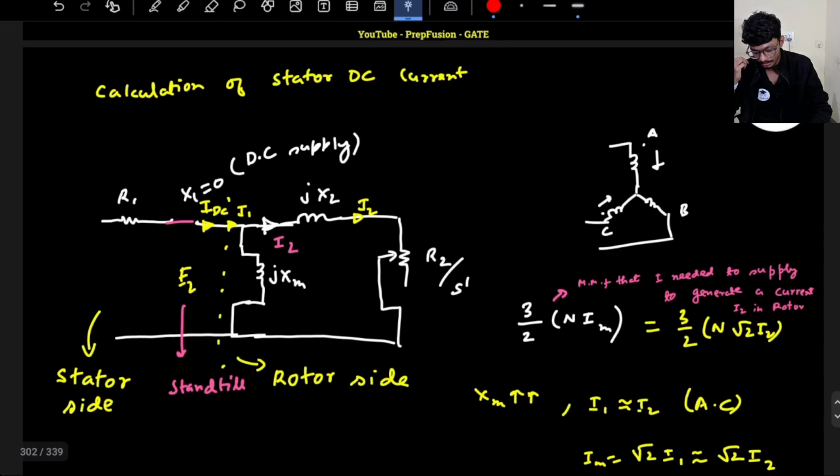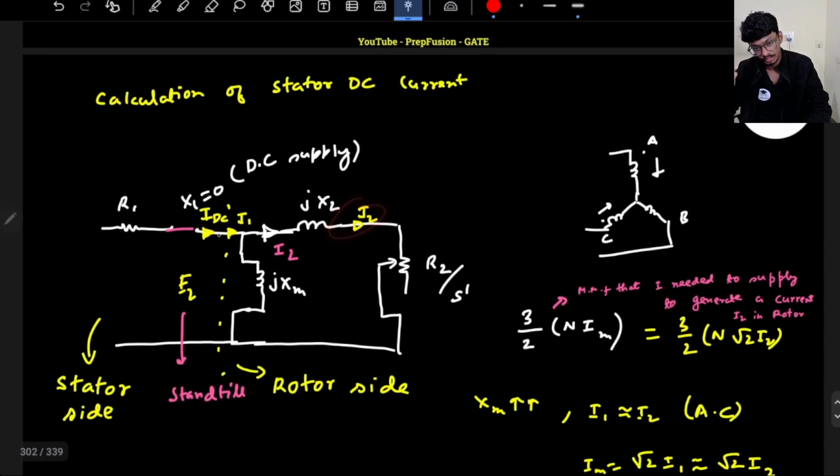So now we got I2, but I want to understand how much the stator will supply. The stator is still supplying DC only, but the rotor is feeling that the stator is supplying AC. So roughly I will equate these two. Basically there will be very little drop here, so I will neglect this R1.